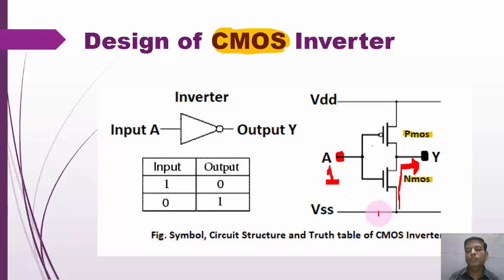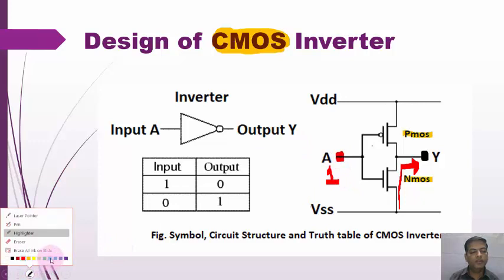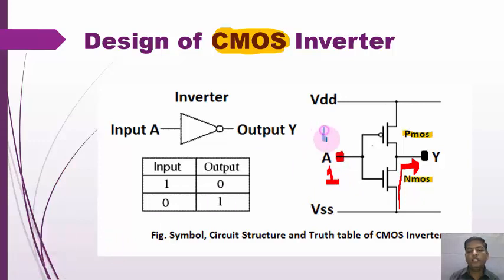If one is applied at input A, VSS is connected to the Y output, and if zero input is applied, then VDD is connected to the Y terminal. That is the functionality. According to that, we have to design the PMOS and NMOS, and by using these two devices we design a CMOS inverter.